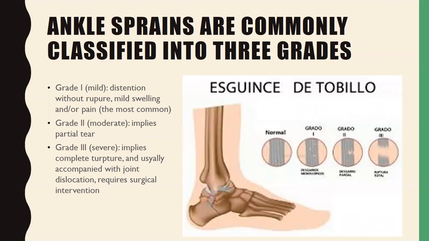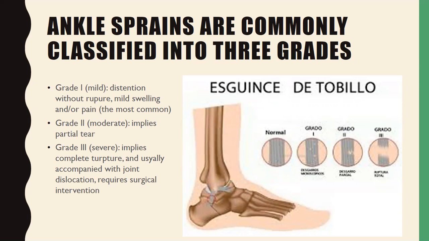Ankle sprains are commonly classified into three grades. Grade one, mild, is distension without rupture, with mild swelling and or pain; it is the most common.